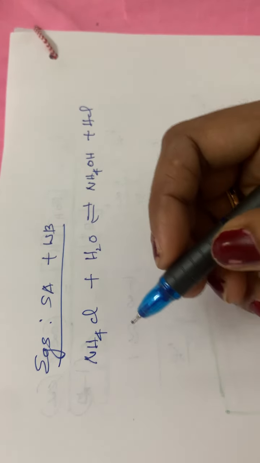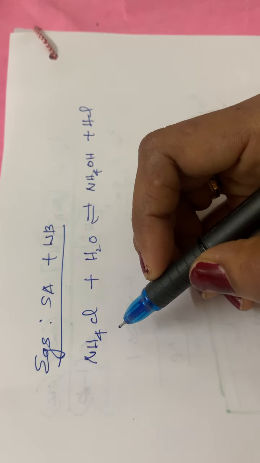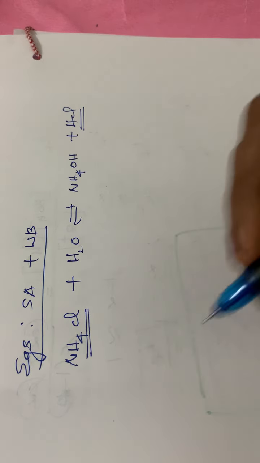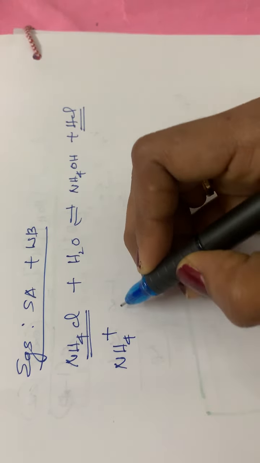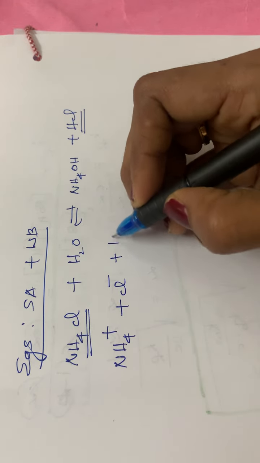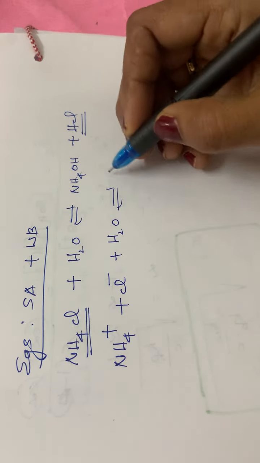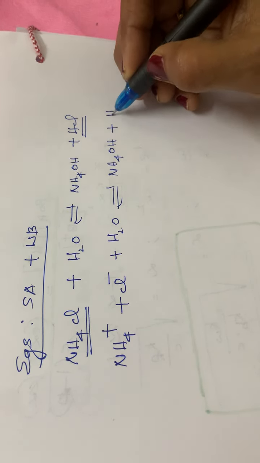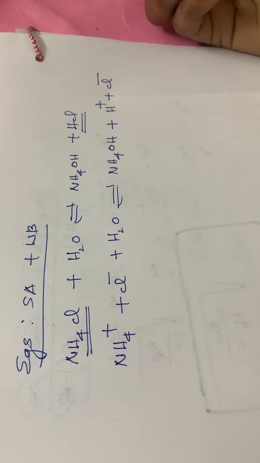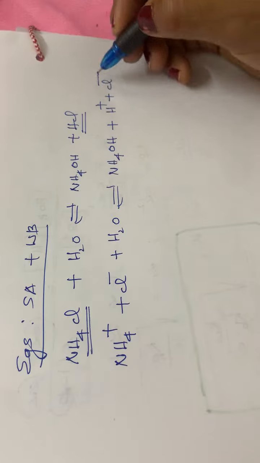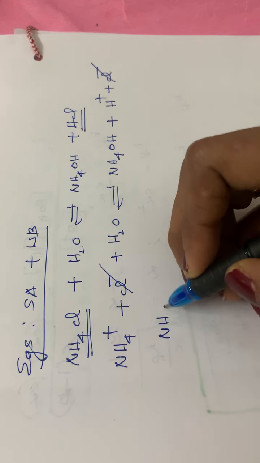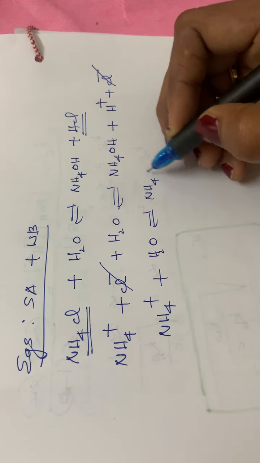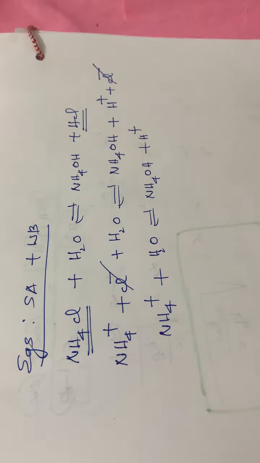Here the ammonium chloride will be undergoing complete dissociation, and the strong acid HCl will also undergo complete dissociation. So ammonium chloride will be dissociating as NH4 plus, Cl minus, plus H2O, giving, this is a weak base, so it will not be completely dissociating. Plus HCl, it will be ionizing as H plus plus Cl minus. The Cl minus will be cancelled. So NH4 plus plus H2O, giving NH4OH plus H plus.